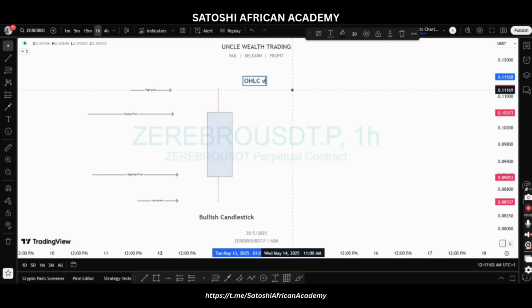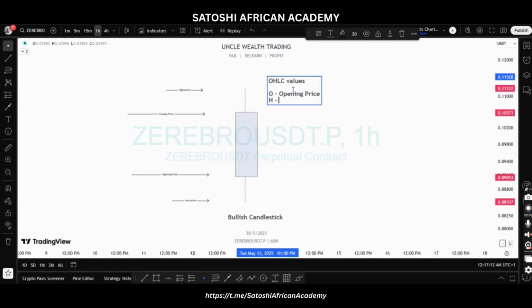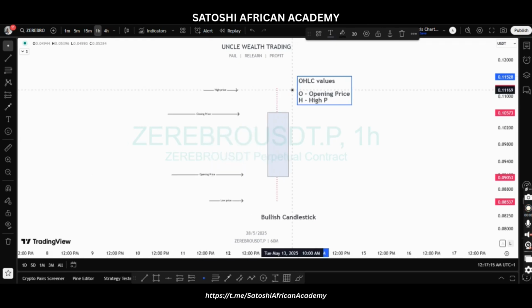These four prices help to form what we call the OHLC values. So basically, O stands for opening price, H stands for the high price, L stands for the low price, and C stands for the closing price.